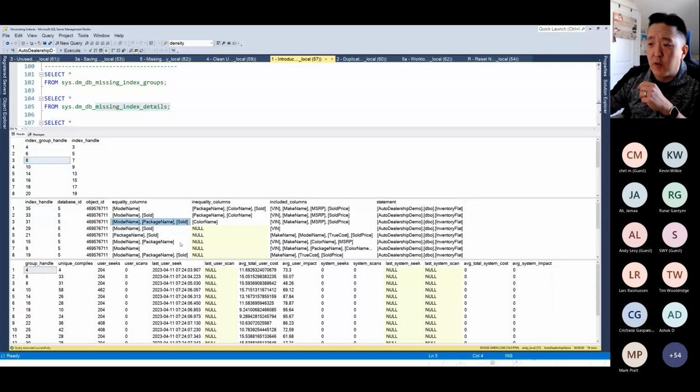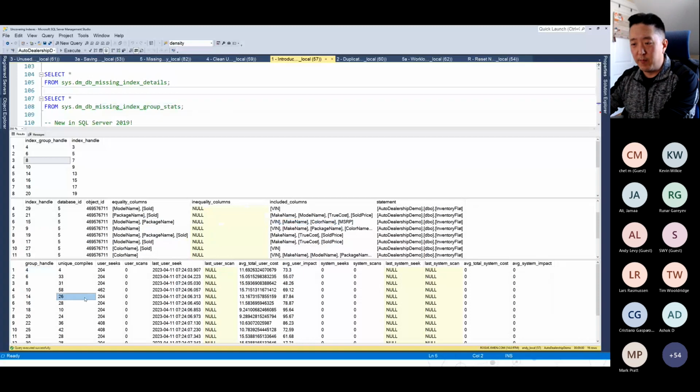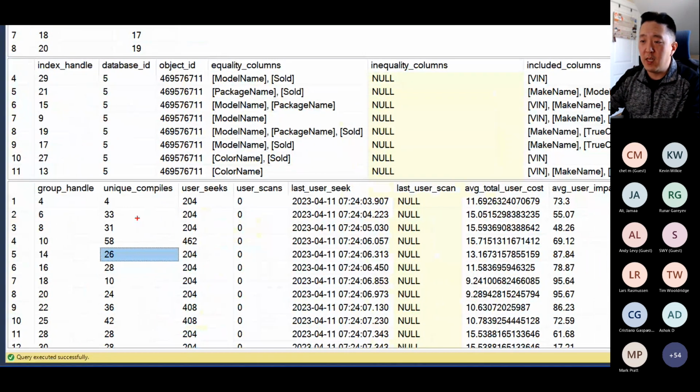So you see how SQL Server is suggesting some equality or inequality columns and so on in the second DMV. And then in the third DMV, we have sys.dm_db_missing_index_group_stats. This one has, for the given missing index, the unique compilations that would have been helped by its seeks and scans and so on and so forth.